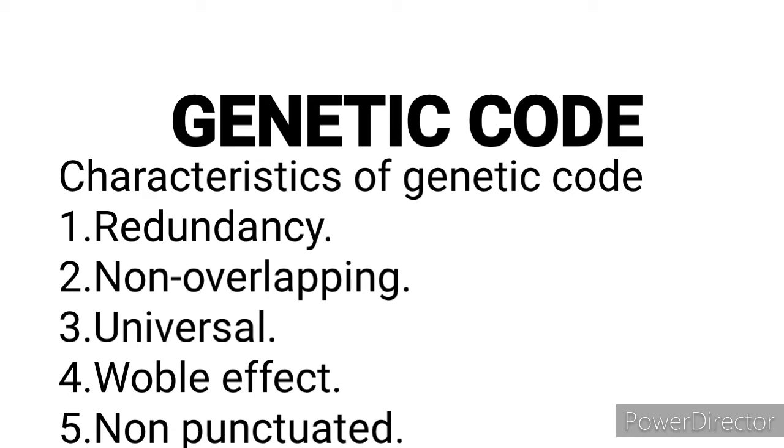Secondly, the genetic code does not overlap. That is, when a particular mRNA is being translated in three different reading frames, that happens, but there is no division between the codons. So that simply illustrates that there is no overlapping of the codons.